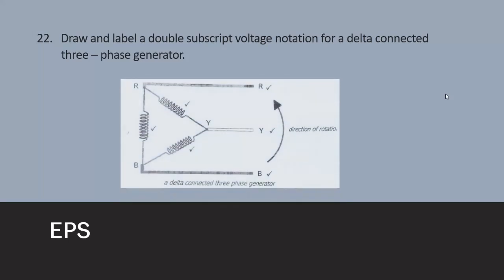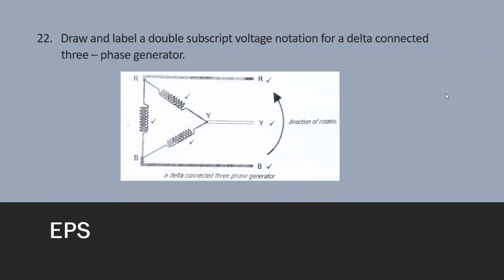Draw and label a double subscript voltage notation for a delta connected three-phase generator. Right, and this is our schematic diagram of a delta connected three-phase generator. Notice you have to include all labels.